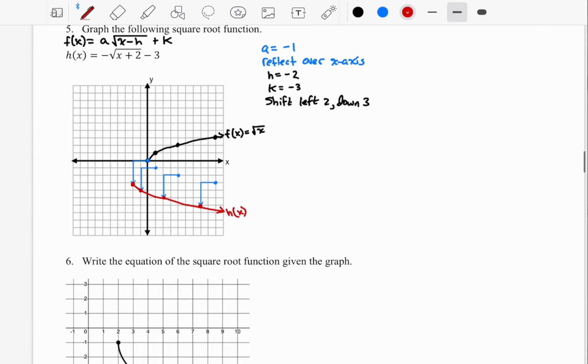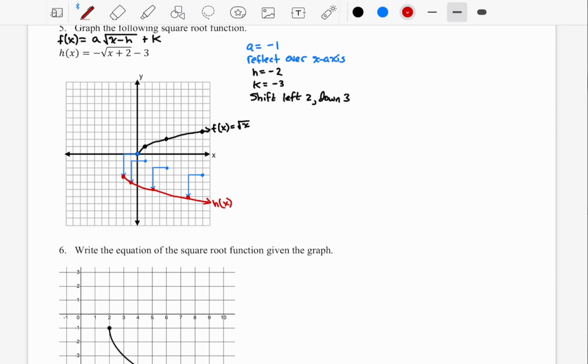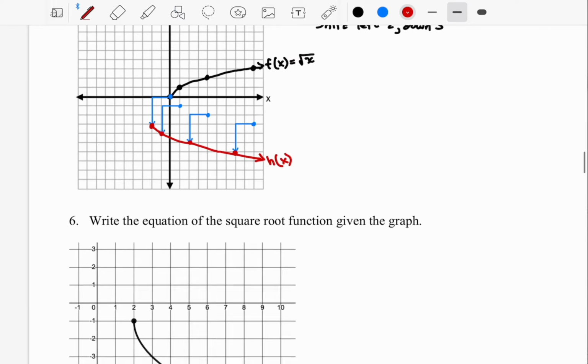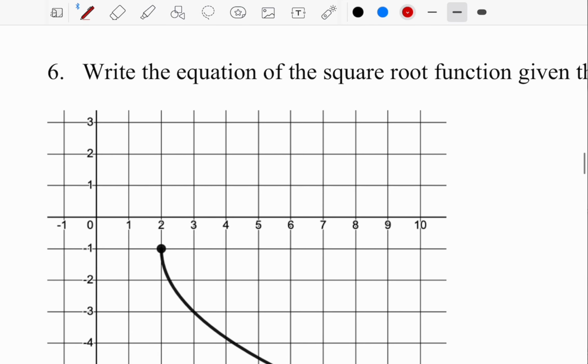Then the last one, last but not least, we're pulling an equation from the graph. All right, so we're starting off the same way here, where we're going to look at the square root of x as an equation, graphed. So 0, 0, 1, 1, 4, 2, 9, 3.